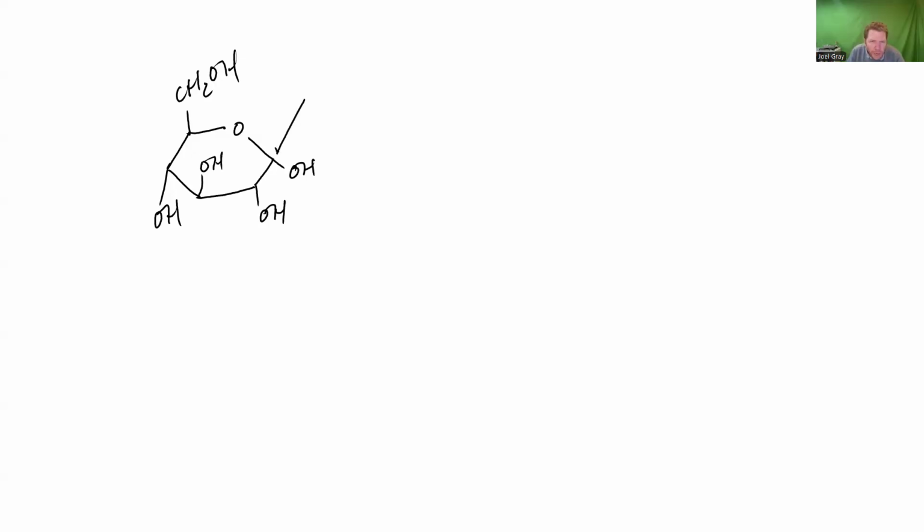I'm pointing an arrow to my anomeric carbon. Now, whenever I say free, what I mean is that that anomeric carbon is bound to an OH group. That's the biggest indicator that you have a reducing sugar. Now, I can make this a non-reducing sugar like this.